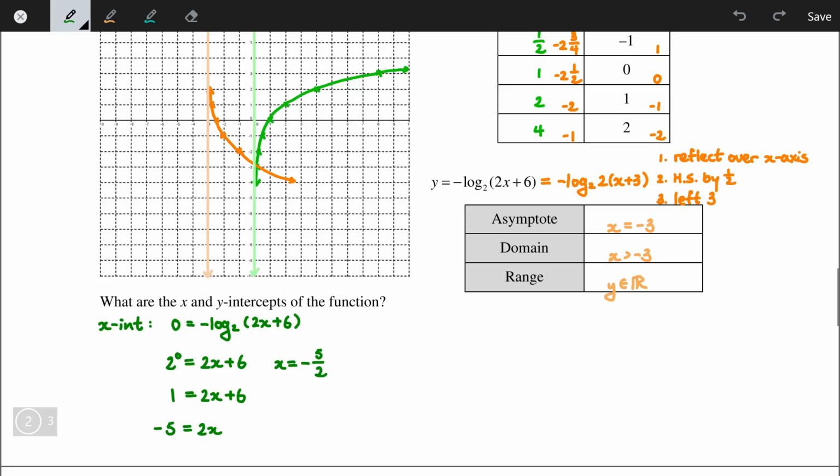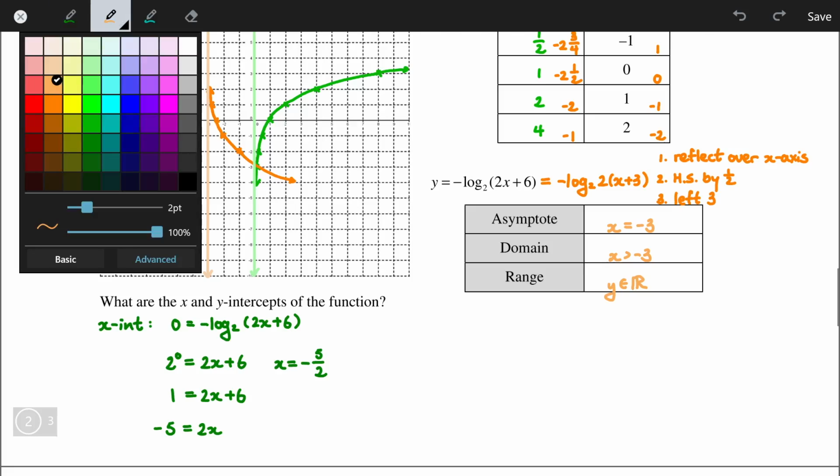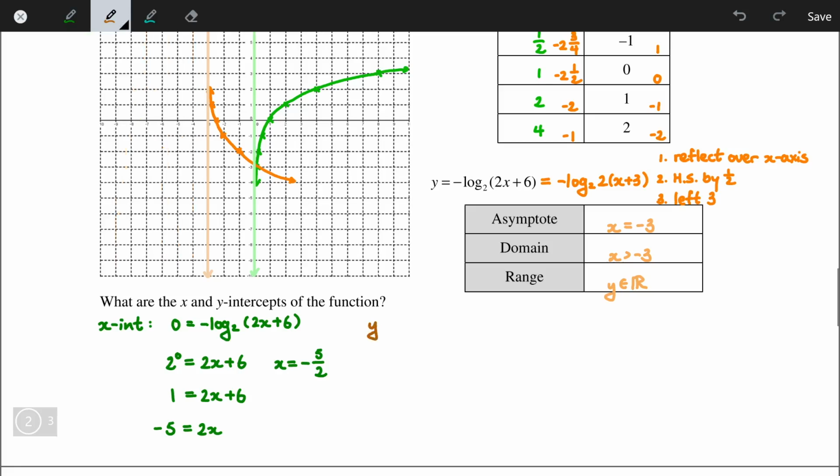Next is the y-intercept. So let's go ahead and find that as well. So this is where we let x equal 0 and solve for y. 2 times 0 plus 6. Now, unfortunately, this simplifies to y is equal to negative log base 2 of 6, which, of course, 6 is not a power of 2, so this doesn't evaluate quite as easily.